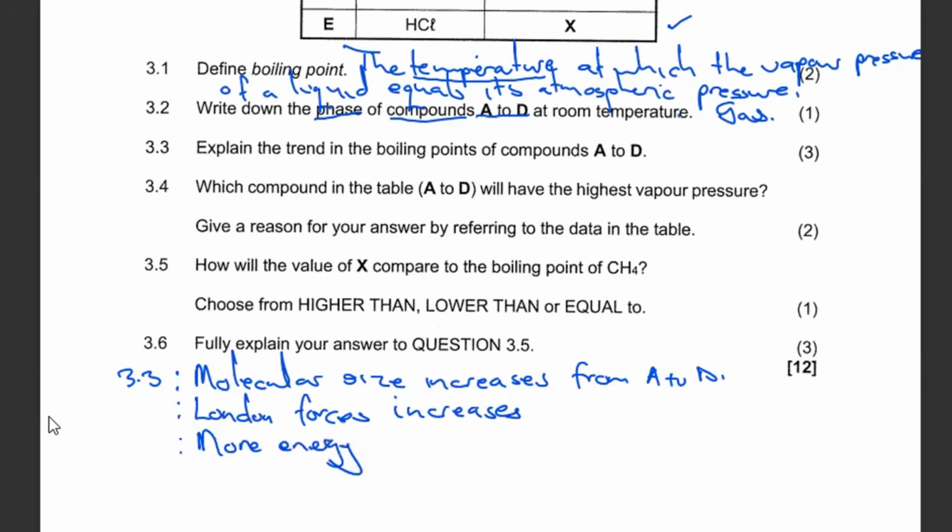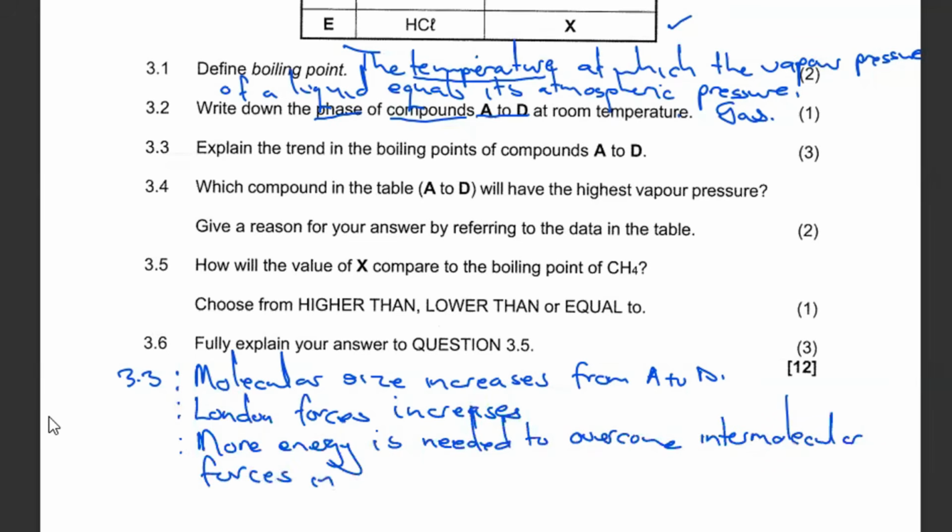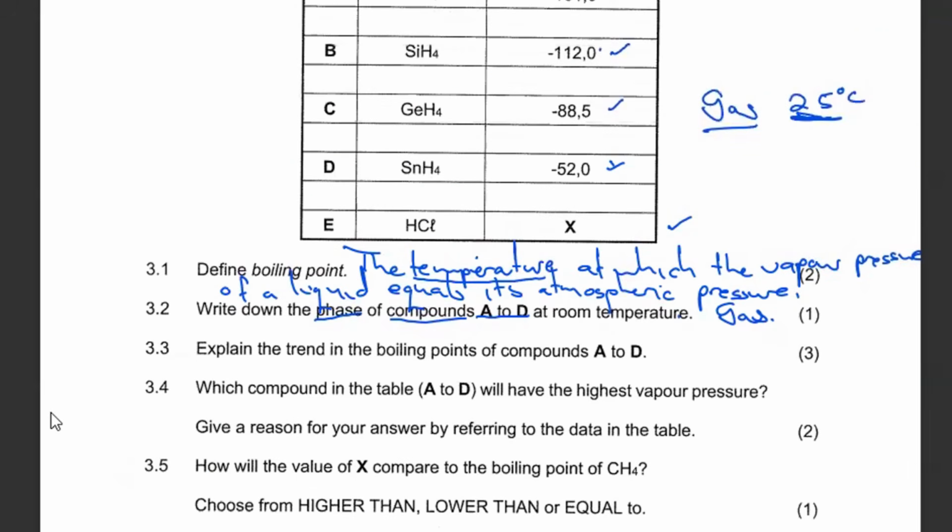As a conclusion, more energy is needed to overcome intermolecular forces in D than in A. Looking at the trend, the temperature has been increasing: -16, -12, -88, -52.